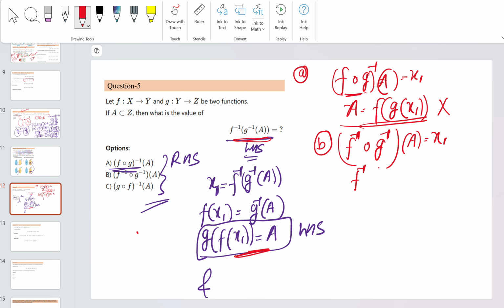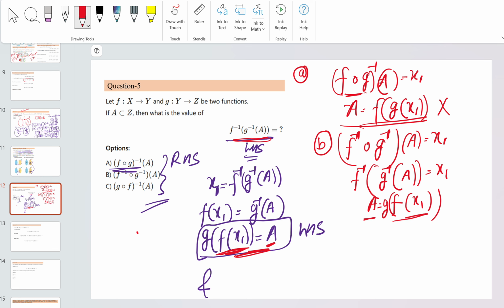It means that f inverse of g inverse of a is equal to x1, or you can say that a is equal to g of f of x1. But when you see the values here, g of f of x1 is equal to a, but here what is there is g of f of x1 is equal to a. Are you getting my point?